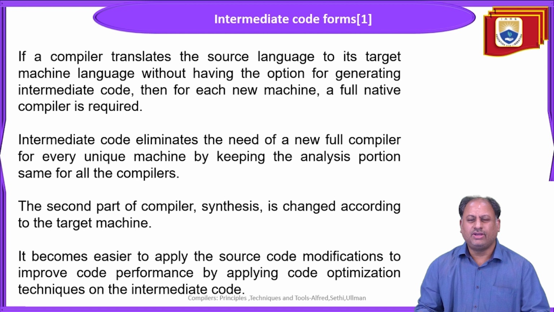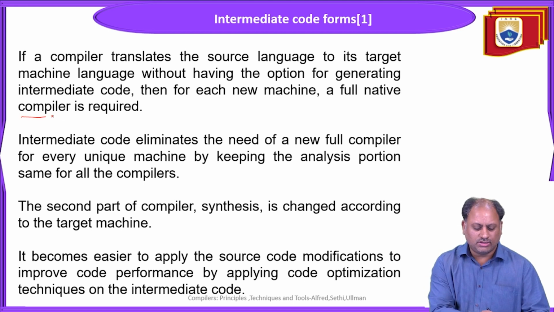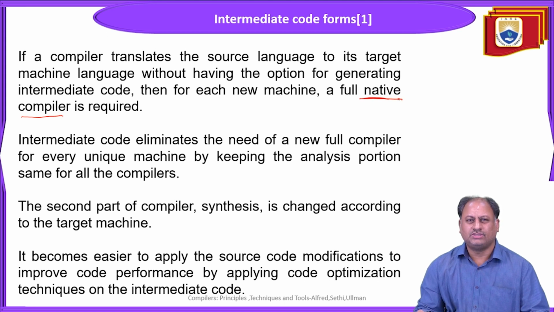Now, if a compiler translates the source language to machine language without intermediate code, that is, if this phase is not available, then what happens? In this case, a native compiler is required for each machine.